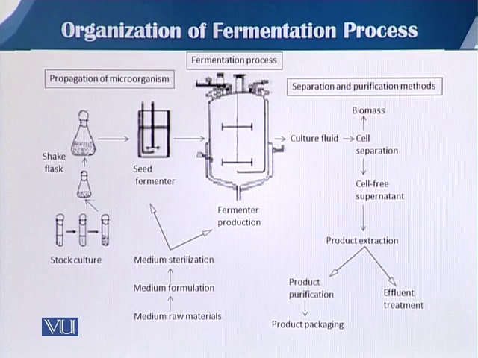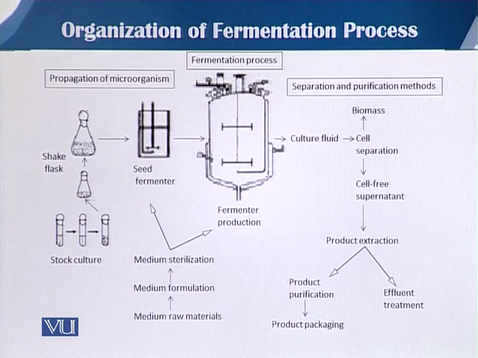Next, after a specific time period, you harvest in the form of culture fluid or fermented broth, and then you separate the biomass from the rest of the fermented broth. Then you harvest your product, gradually purify it, and then there is packaging and marketing, and then effluent treatment.